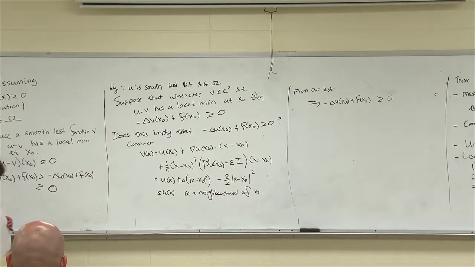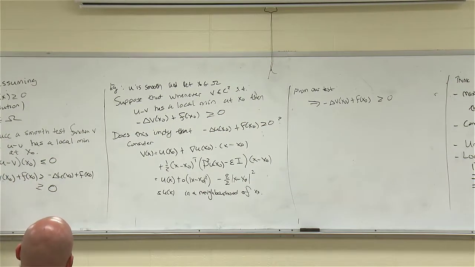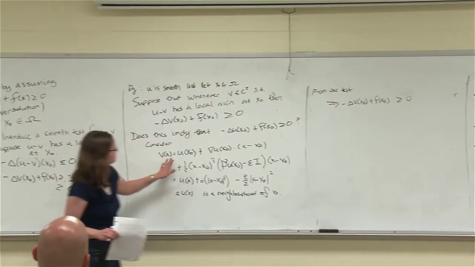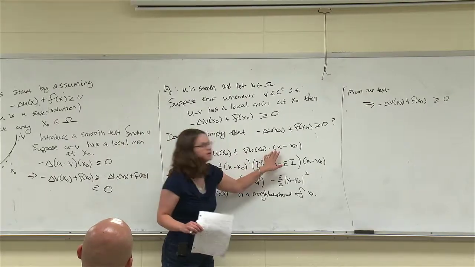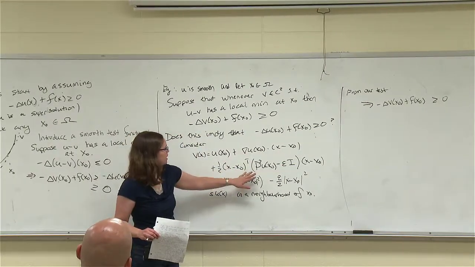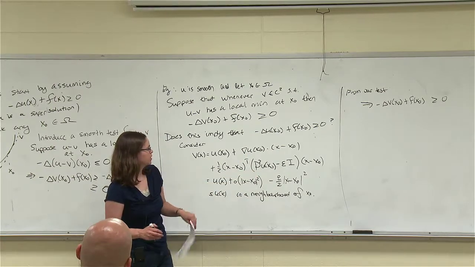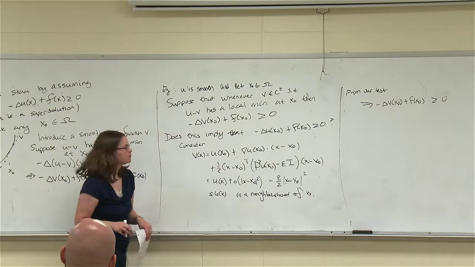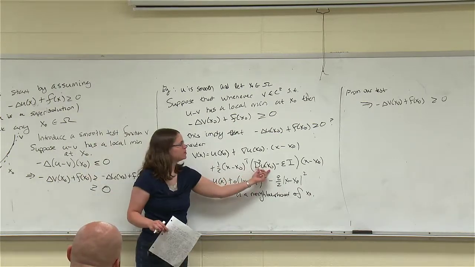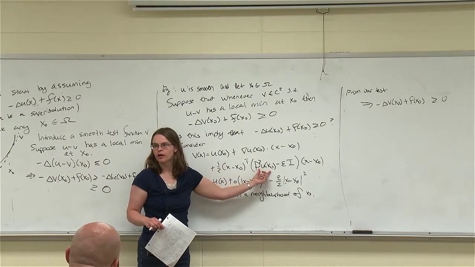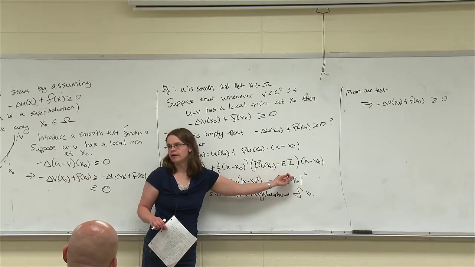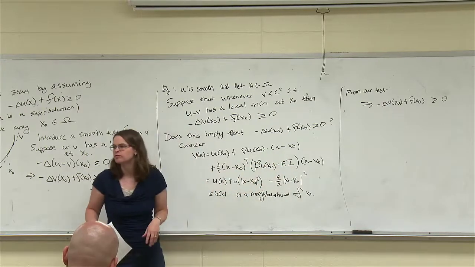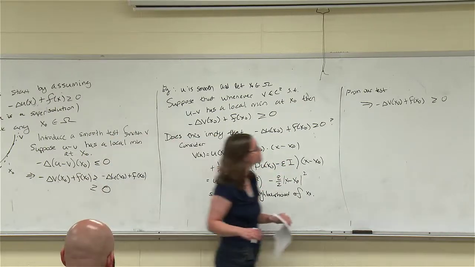And we can certainly compute the Laplacian of v. It's a constant term, and this is our linear term. It doesn't matter. The Laplacian is going to be the sum of the eigenvalues of these. We can break it up. We've got the Laplacian of u minus epsilon times the trace of the identity matrix.